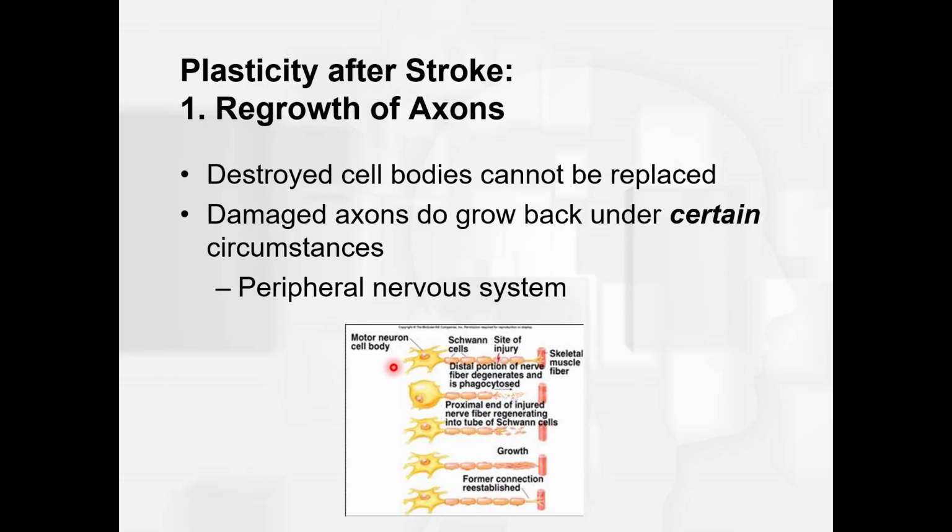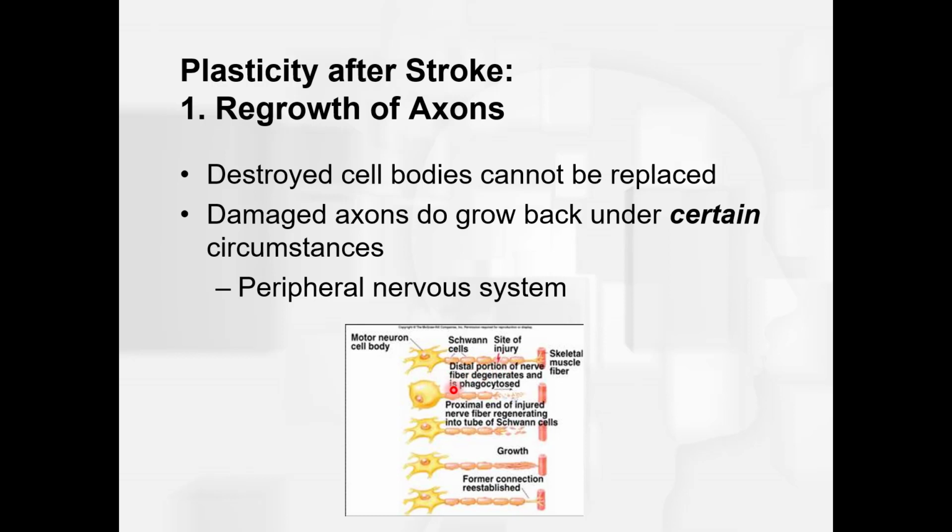So here, this is out in the periphery. Those are motor neuron cell bodies in the spinal cord going out to those muscle fibers. We didn't talk about this, and I told you I wasn't going to hold you responsible for knowing that the myelin in the periphery is made by Schwann cells, not oligodendrocytes. And so here you have this site of injury.